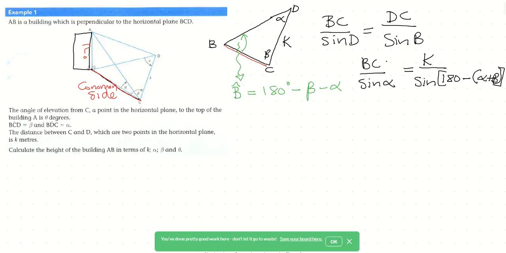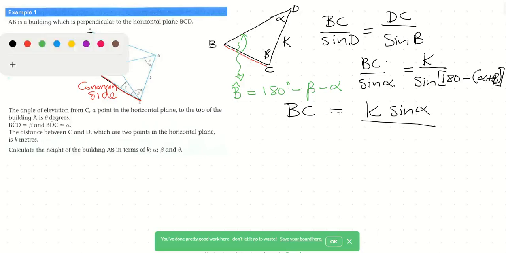That helps me because this is a reduction formula then, right? So we can rearrange and get BC by itself. So BC is equal to K sine alpha all over, how do we reduce this? Do you guys remember? Let's do some thinking work in a different color, orange.